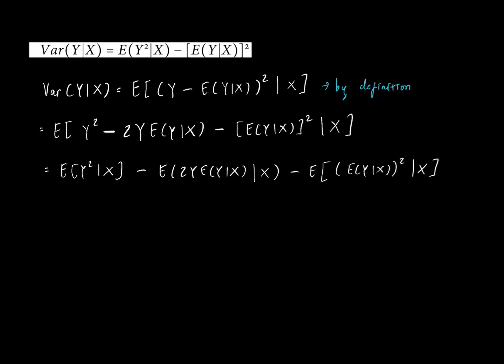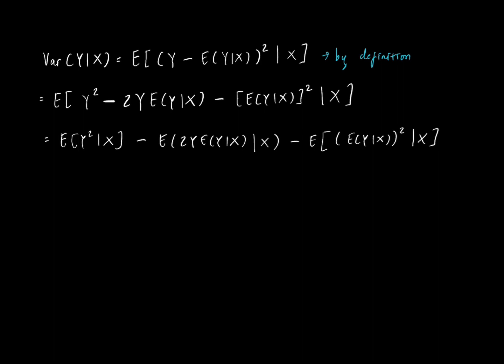Now this looks complicated, so let's just keep going. We'll leave the first term as it is, because we can't really do anything with it. But the second term here, E of 2y times E of y given x, we can use the useful rule.